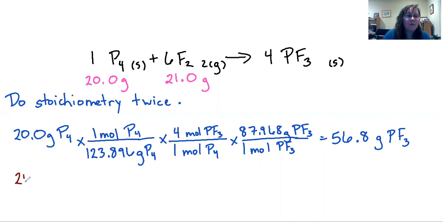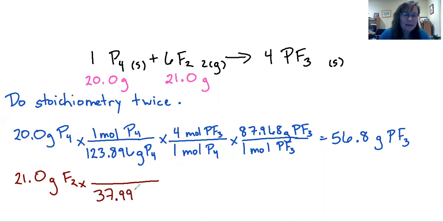Okay, so that's 21 grams of fluorine gas times, now this is going to be the molar mass of my fluorine, 18.998 times 2. So here I would have 37.996 grams of fluorine per mole fluorine. And then I need a mole ratio, and here I have 6 moles of fluorine.